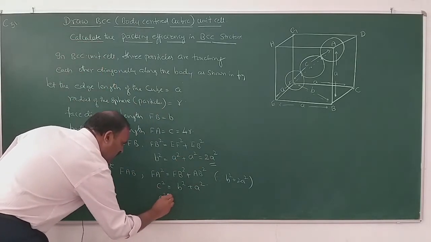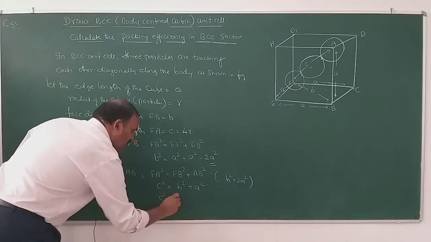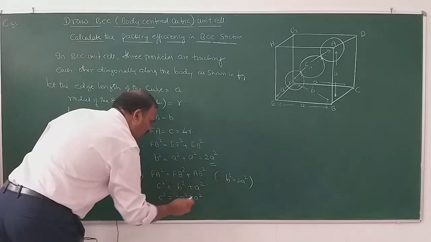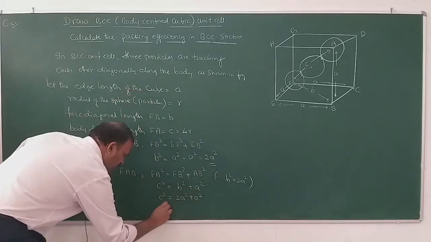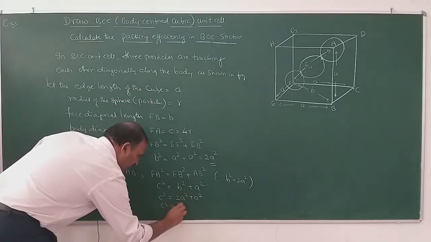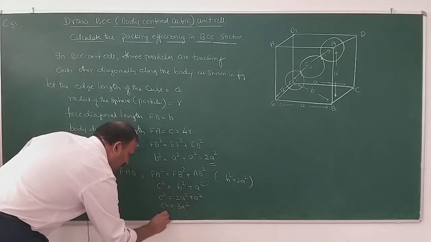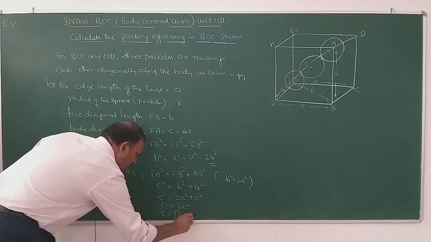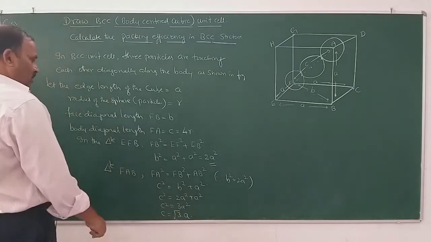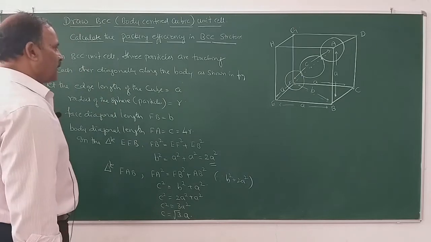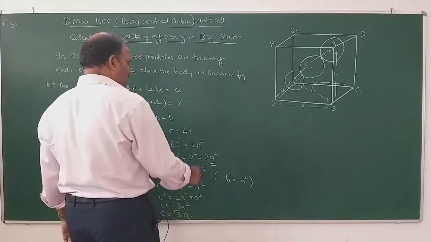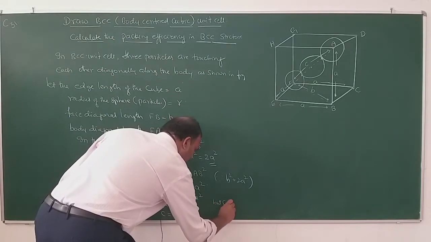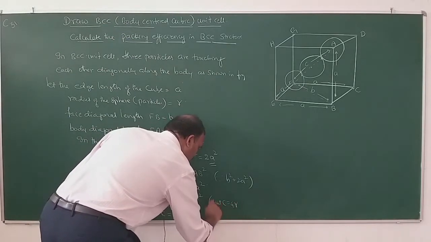Therefore c square is equal to 2a square plus a square, that is 3a square, or c is equal to root 3 into a. But c equals 4r.